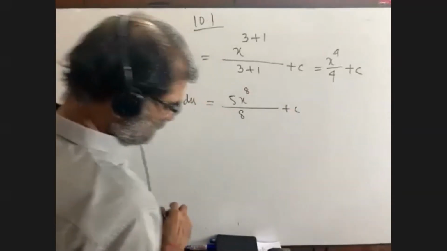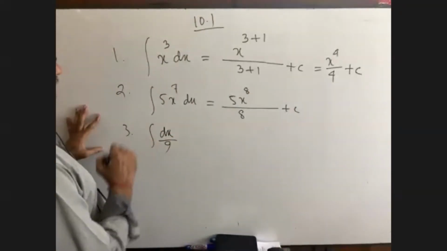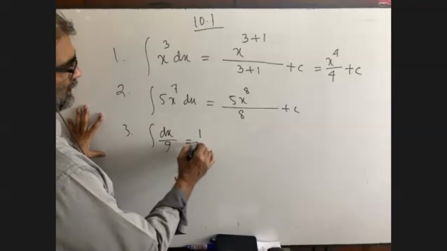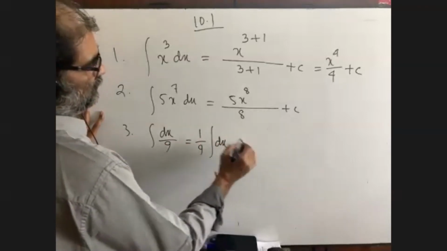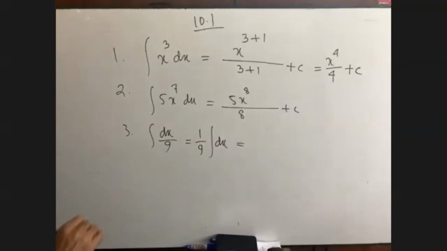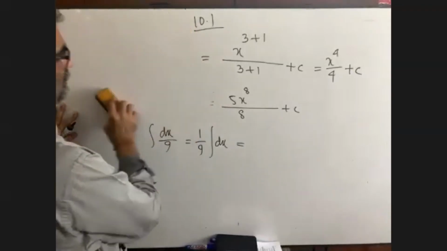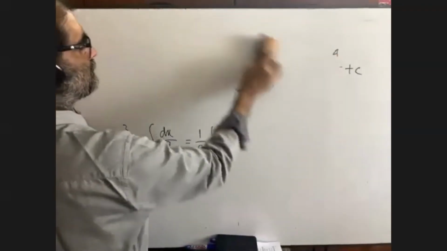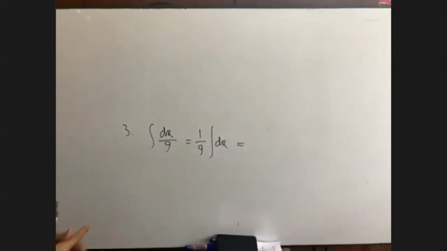Number 3, only dx by 9. What is meant by that? 1 by 9 dx, right? Now let me know what is the result. Dx, what should be here?